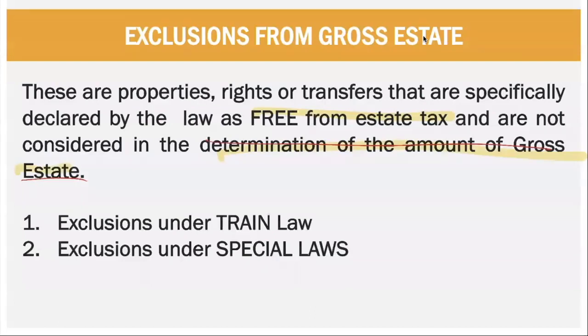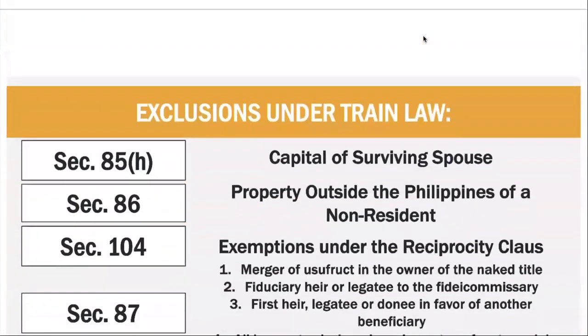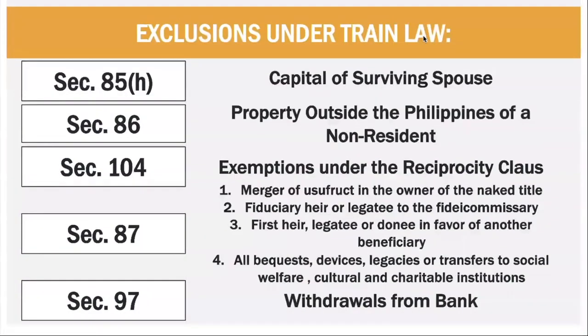So when we say exclusions declared by the law, what law provides for these exclusions? These exclusions are found under the TRAIN law or the NIRC, and under special laws. Let's start first with exclusions under the TRAIN law. We have the following. First, Section 85, letter H, capital of the surviving spouse.